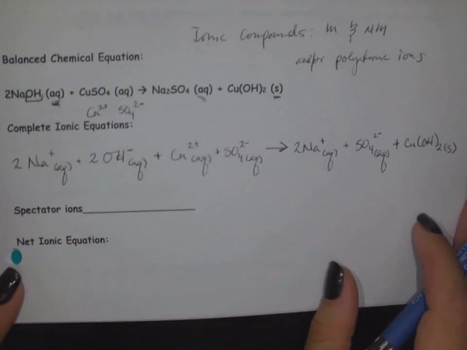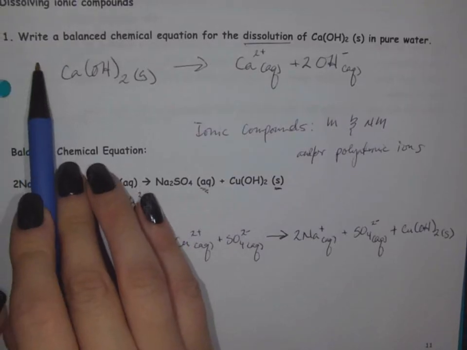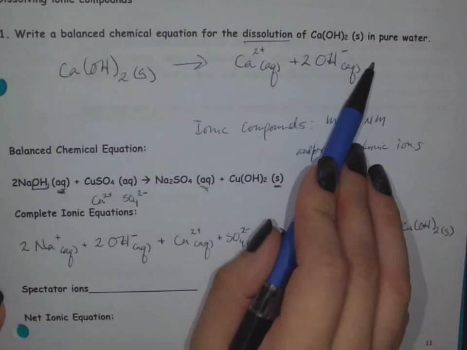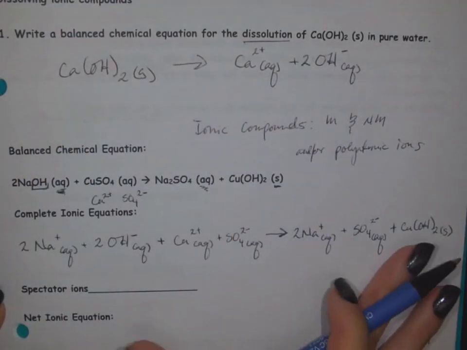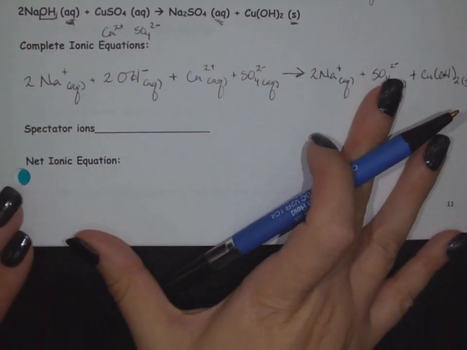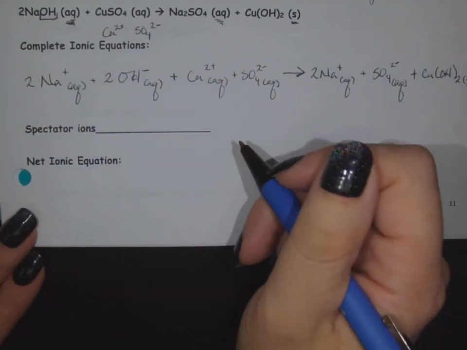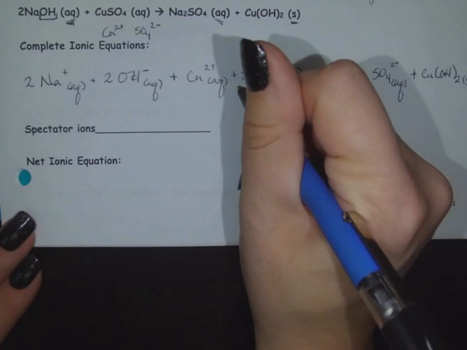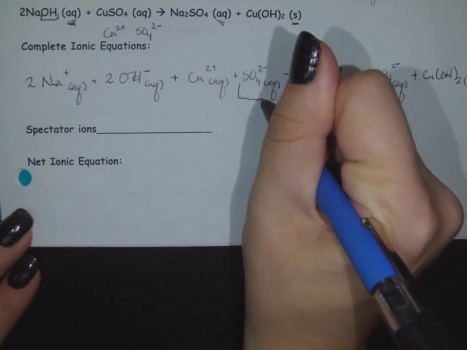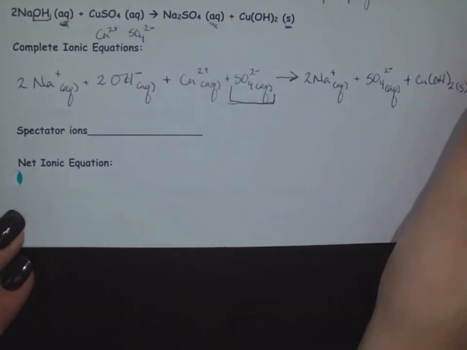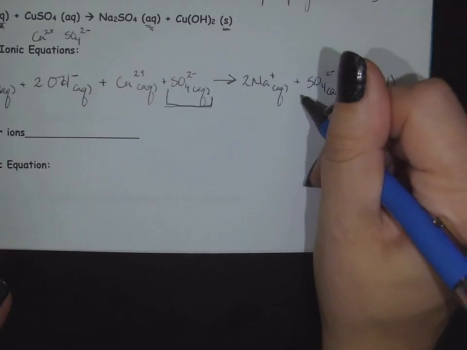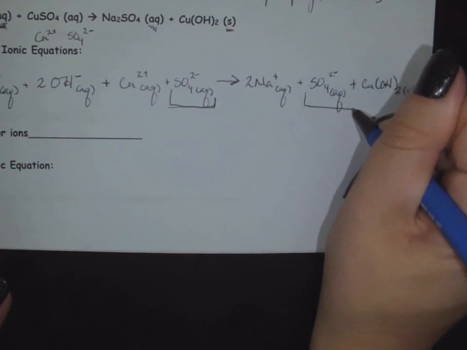Now remember up above how I told you I'm not including the water because it would be H2O here and H2O here and they would cancel. That's what spectator ions are. Spectator ions are the ions that show up on both sides of the equation. So we have SO4 2 minus aqueous, and then it's right there again, SO4 2 minus aqueous.